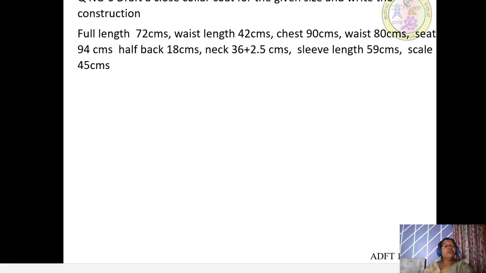The measurements are: full length 72 centimeters, waist length 42 centimeters, chest 90 centimeters, waist 80 centimeters, seat 94 centimeters, half back 18 centimeters, neck 36, the actual neck measurement plus 2.5 centimeters, sleeve length 59 centimeters, and the scale is 45 centimeters. You know how to find out the scale and the working scale. You can use 1/4 centimeter or 1/5 centimeter. Practice it and answer all the questions.